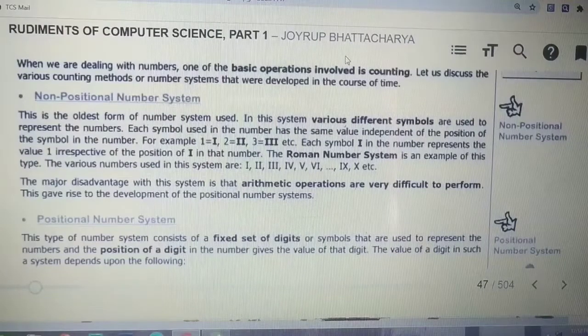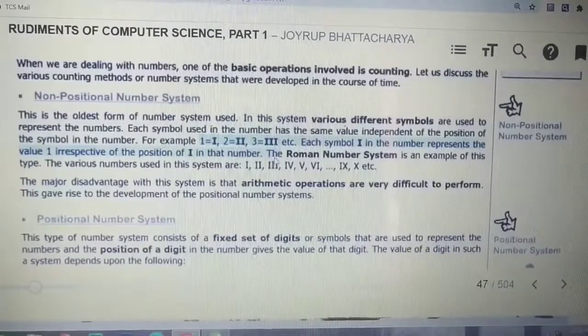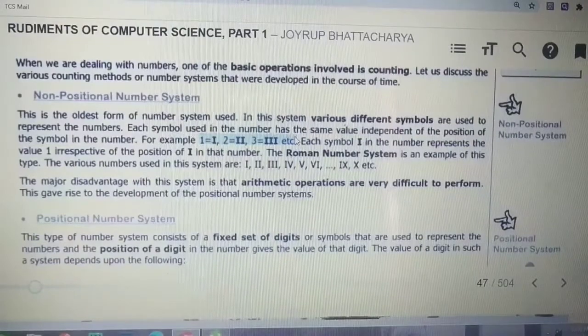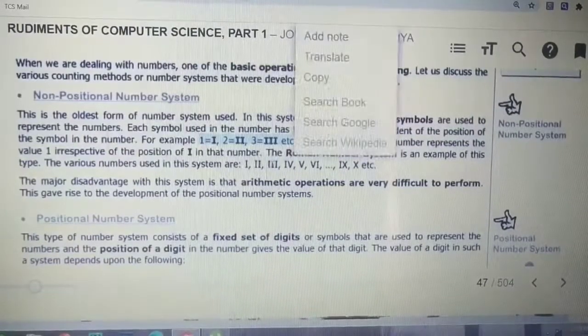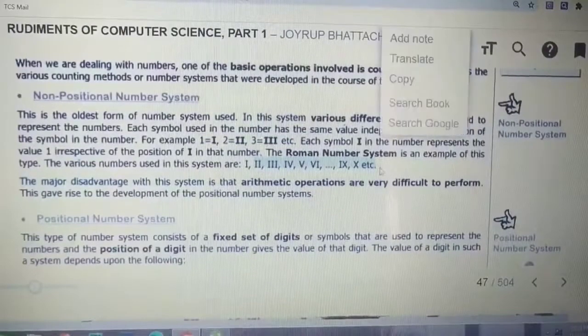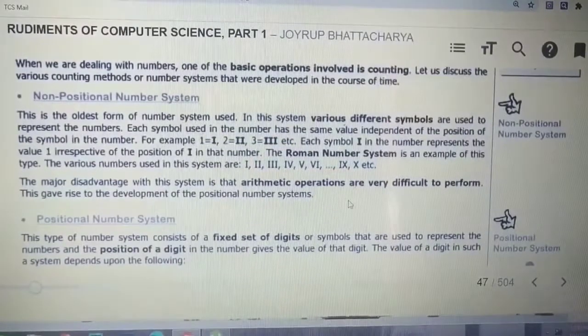Like you can see, Roman I represents 1, II represents 2, III represents 3. This is an example of the Roman number system. In this way we can introduce the non-positional number system.